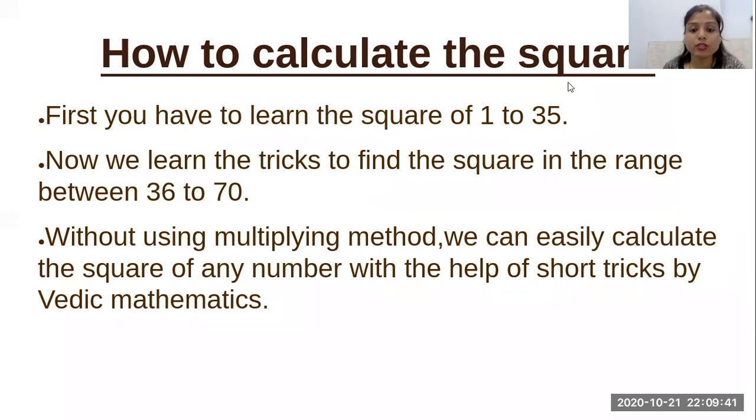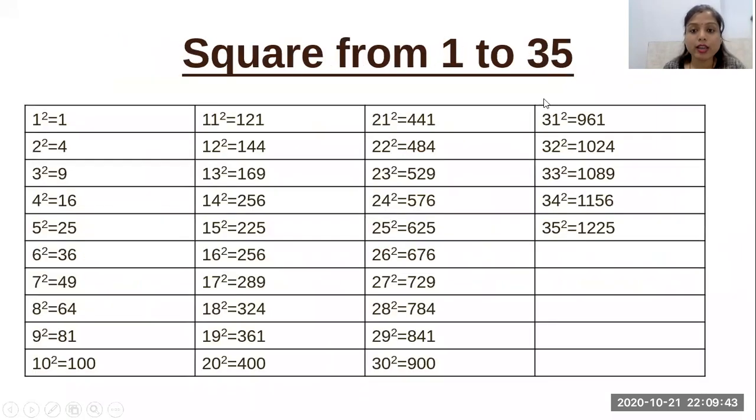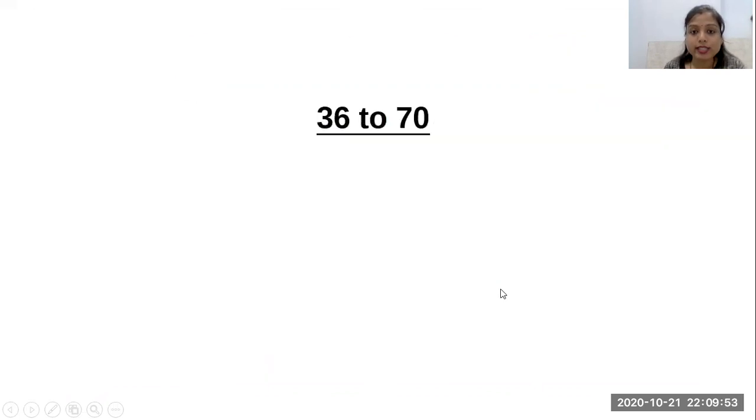First of all, we have to learn the squares of 1 to 35, guys, and these are the squares. Quickly take a screenshot, then we move on to the next slide. We have to learn the squares, and after that find the square in the range of 36 to 70.